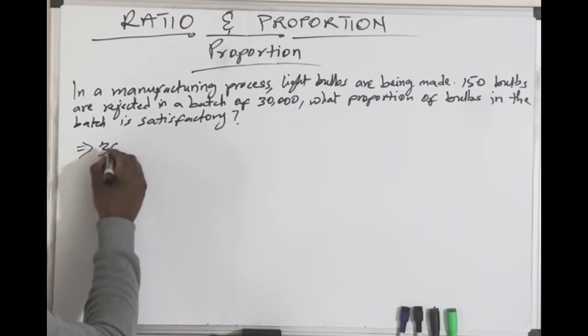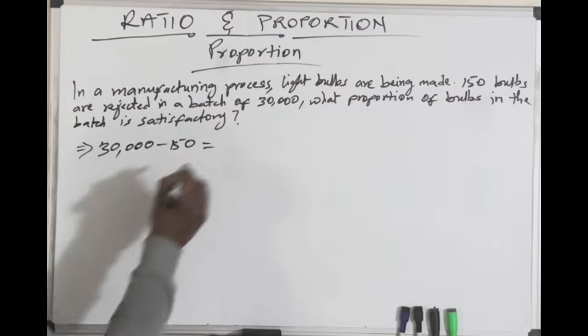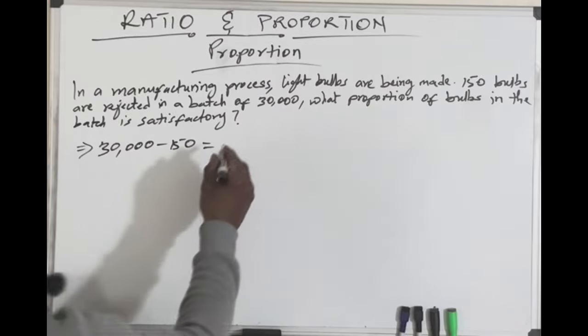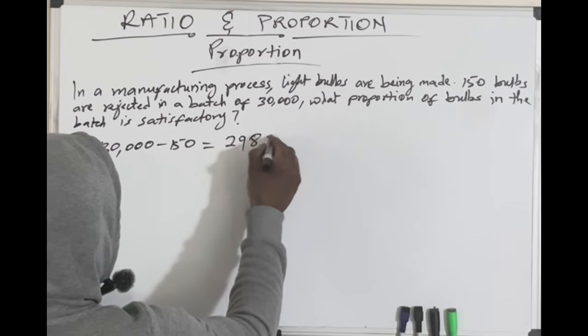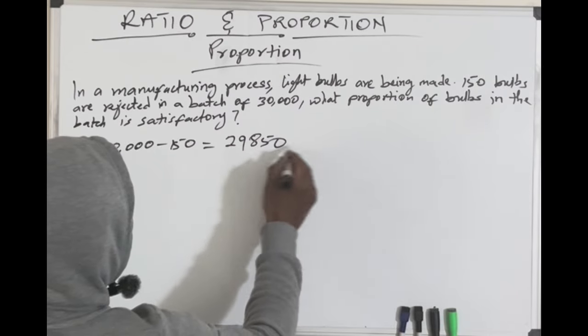So 30,000 minus 150. Okay, so we have 29,850. So these are the good bulbs.